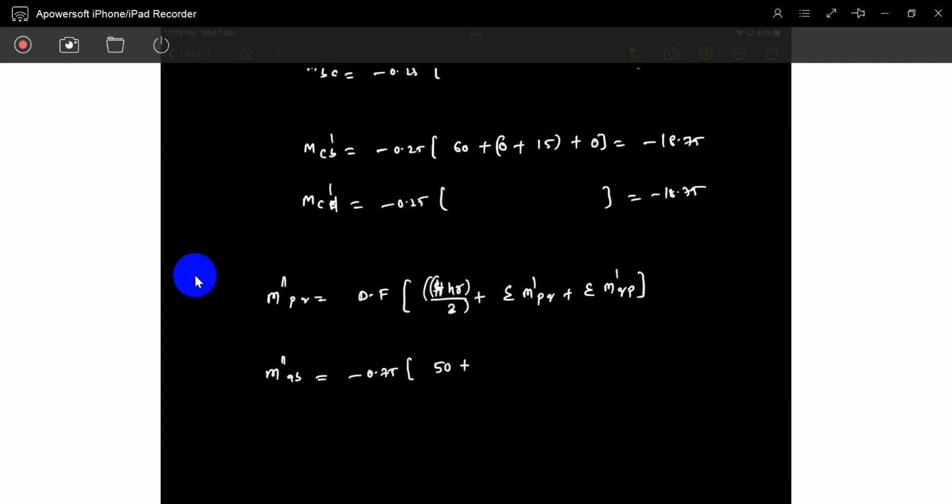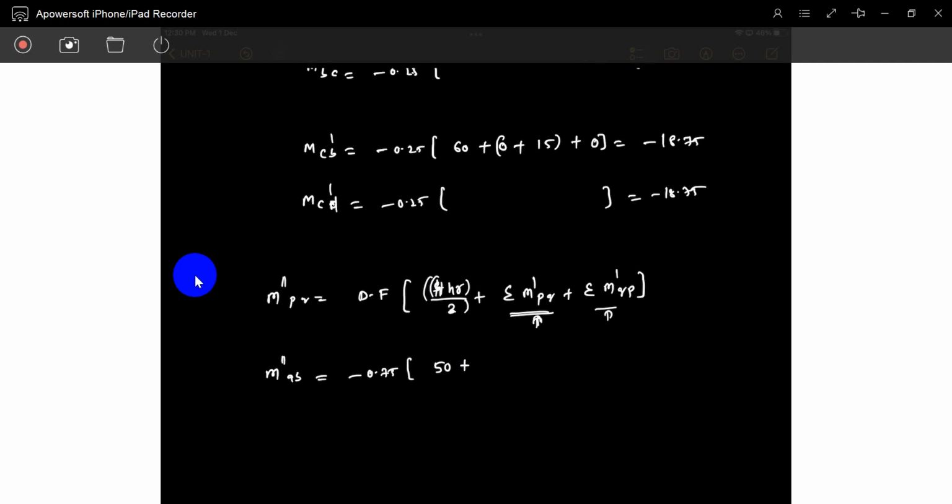Now we can observe 50 plus 15. So what is this, sir? What are these things? Rotational contribution. PQ and QP, it's a sum, not one single thing. PQ, RS, TU, everything. QP means QP, SP, SR, TU, everything.